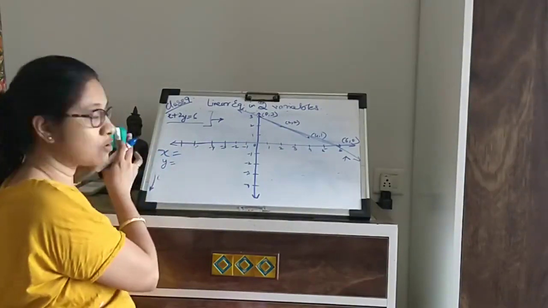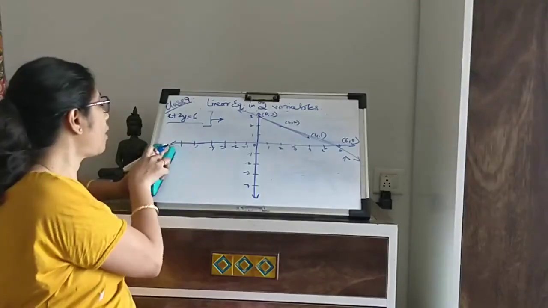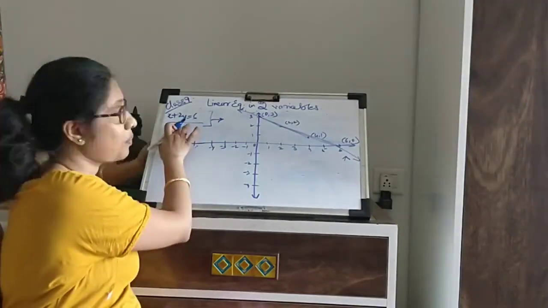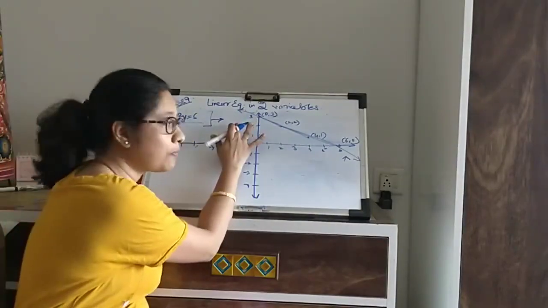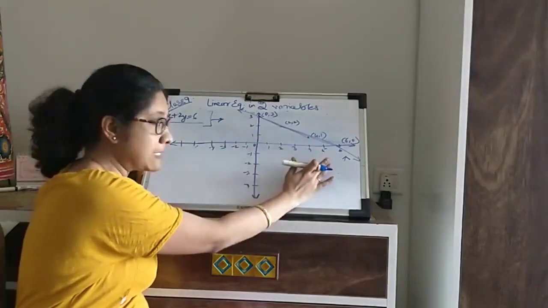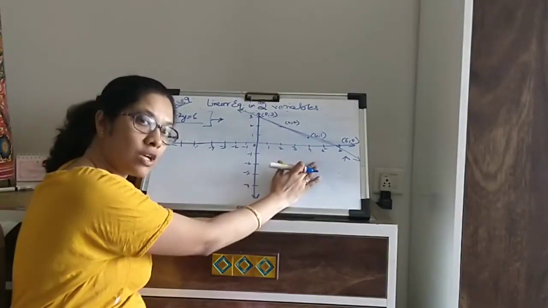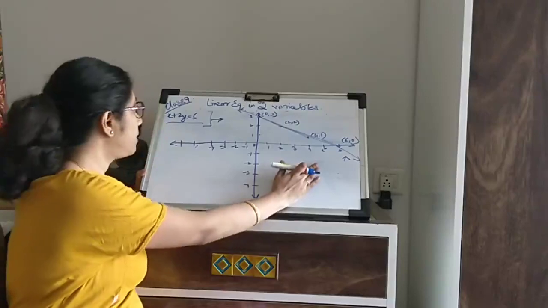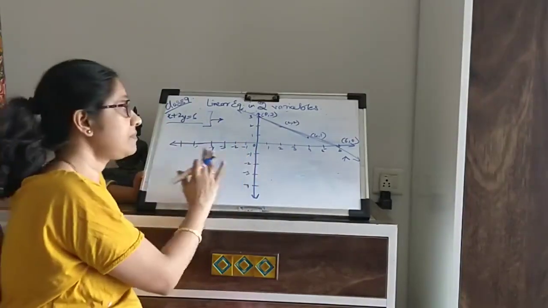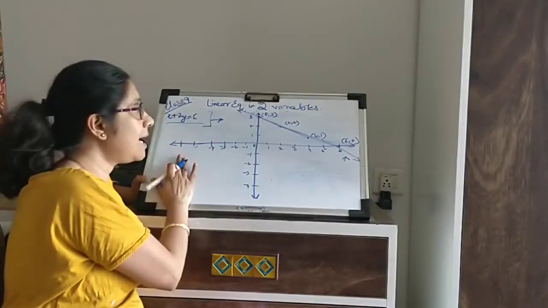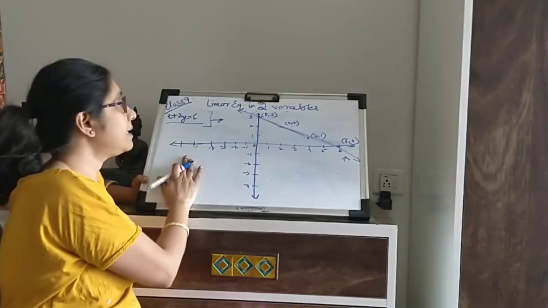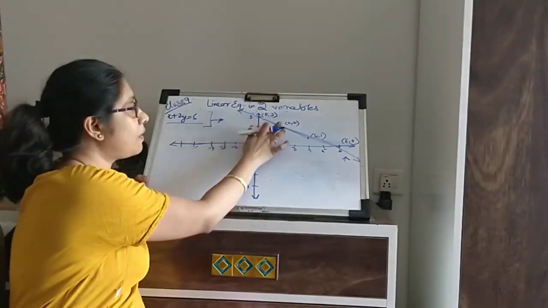Similarly, so on and so forth, you can get 3 or 4 coordinate points that will be satisfying this equation. You plot those points on this Cartesian plane and join those points. Once you join those points, what you get is a straight line representing the given linear equation. Okay? Simple enough.